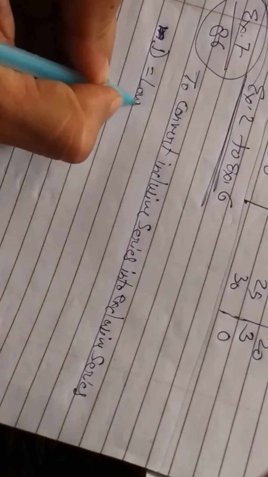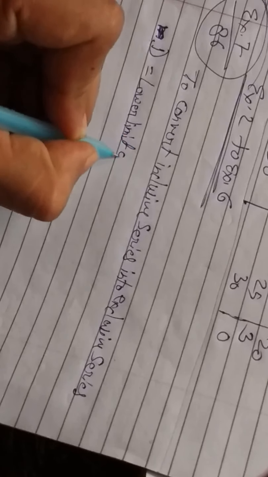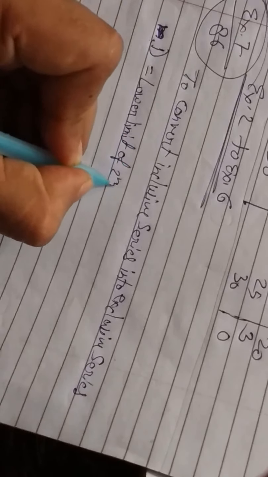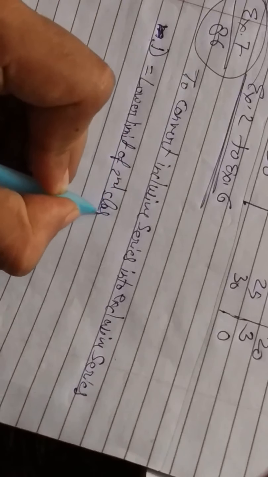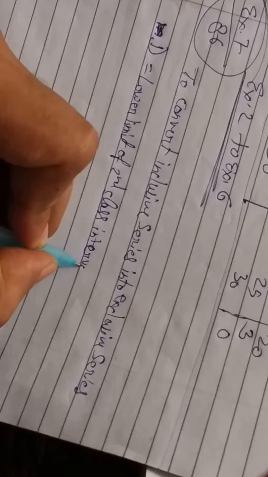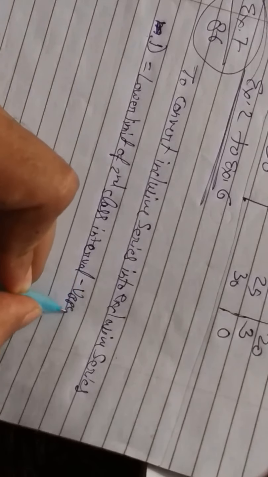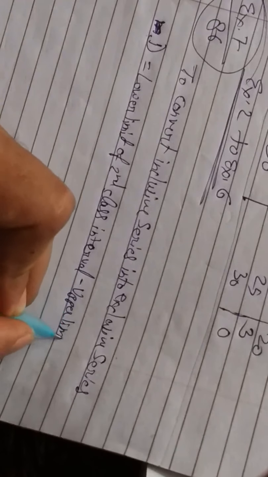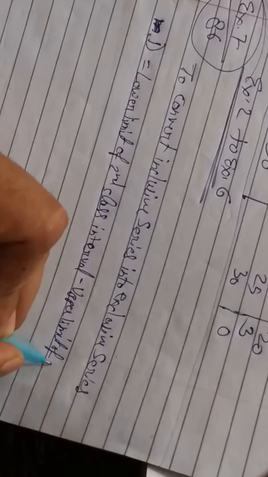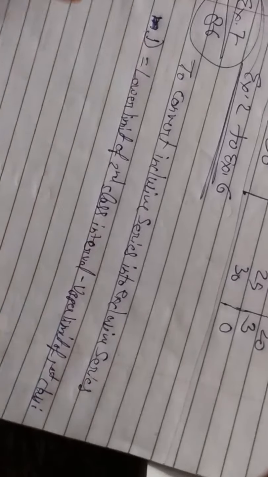Lower limit of the second class interval minus upper limit of the first class interval.